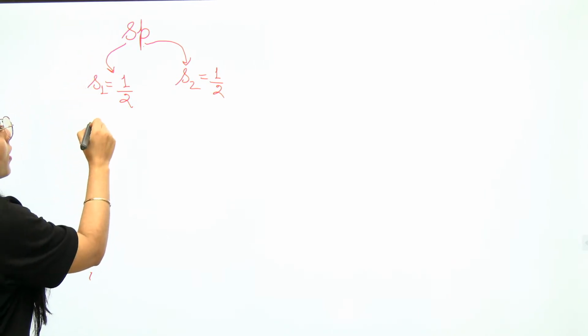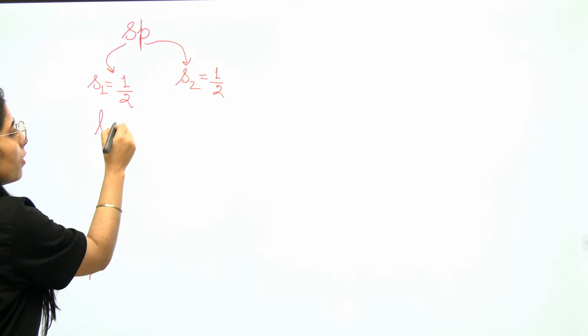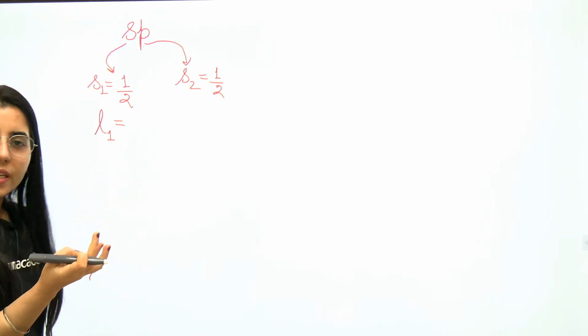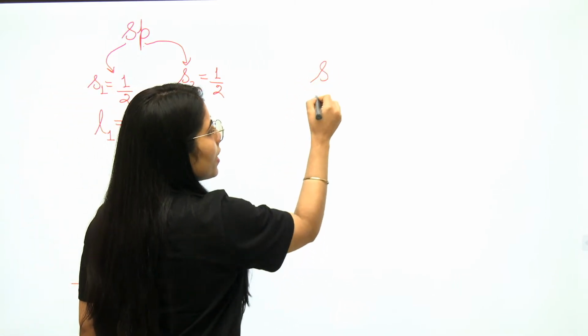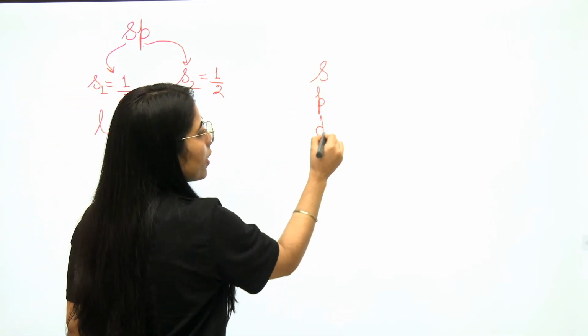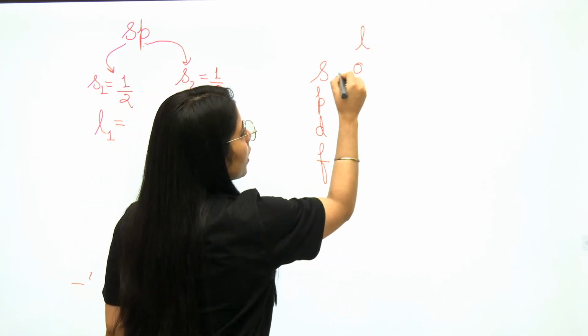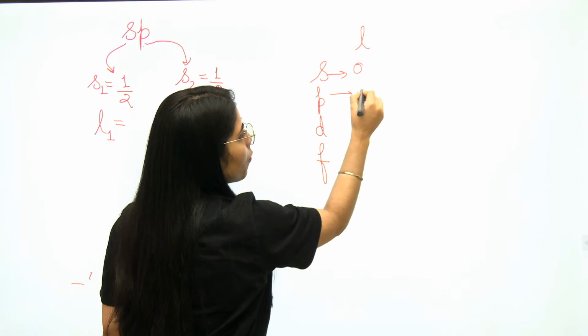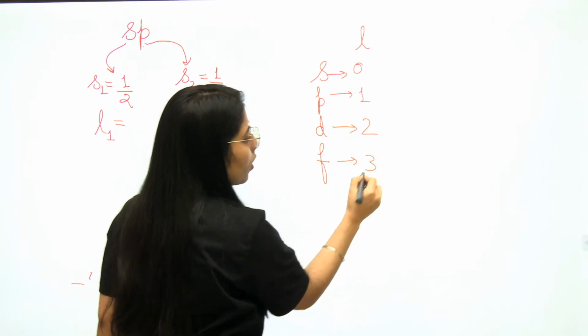If I'm talking about the s case, what will be the L value? L1. Let's say s, p, d, f. If you consider their sequence, s, p, d, f, the values of L will be 0 for s, 1 for p, 2 for d, 3 for f.